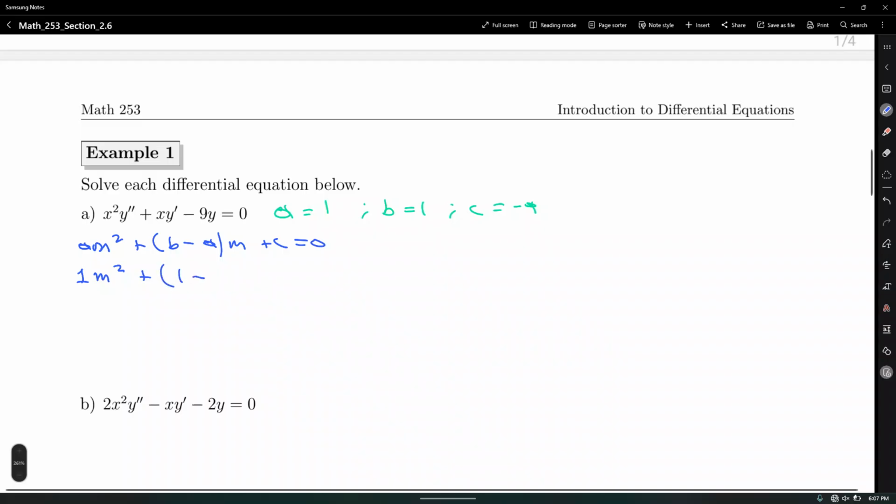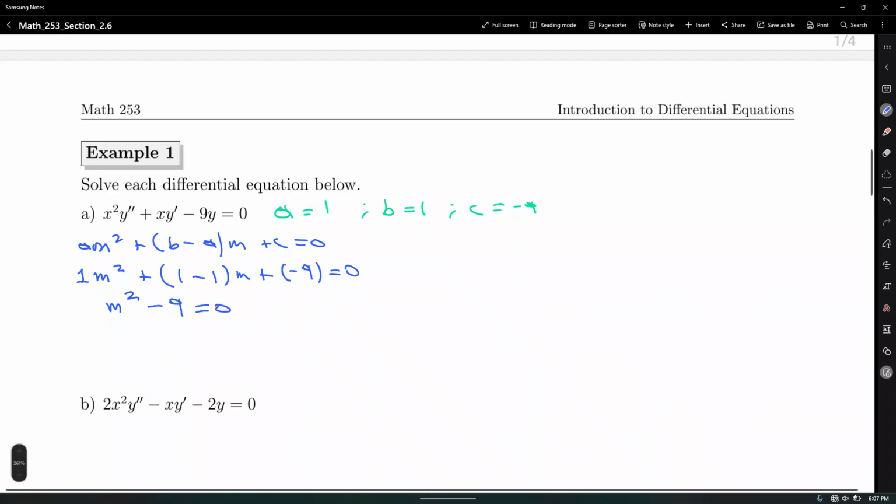That's 1, minus a, minus 1, m plus c, which is negative 9, equals 0. All right. Well, 1m squared is simply m squared, plus 1 minus 1 is 0. The linear term disappears. And then plus negative 9, that's actually minus 9, equal to 0.